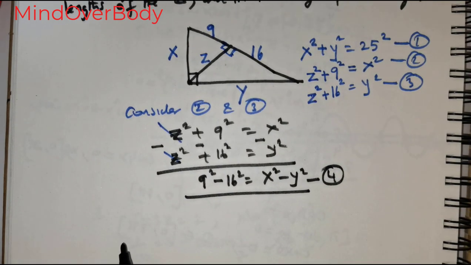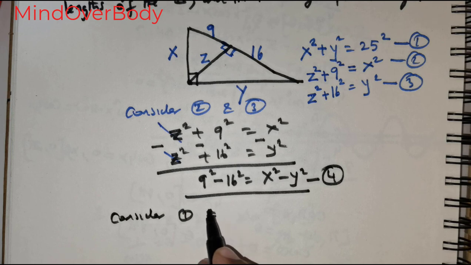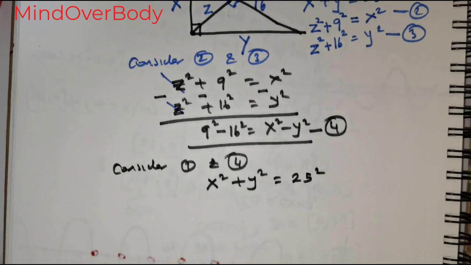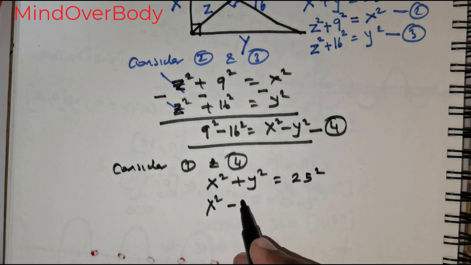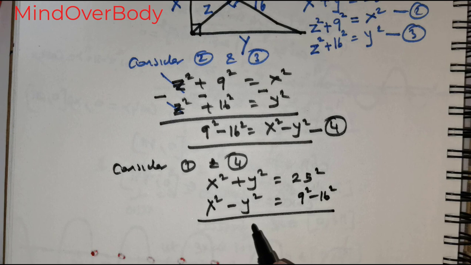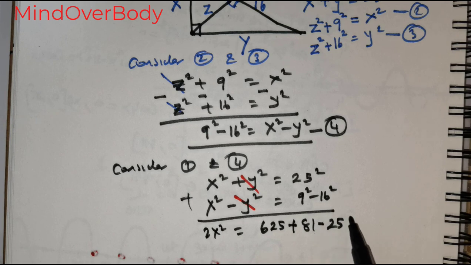Now I would consider 1 and 4. So what is 1? 1 is x squared plus y squared is equal to 25 squared, and 4 is x squared minus y squared is equal to 9 squared minus 16 squared. Now if I were to add them, the y squared terms get cancelled, and you get 2 times x squared is equal to 25 squared, that's 625, plus 9 squared is 81, minus 16 squared is 256.